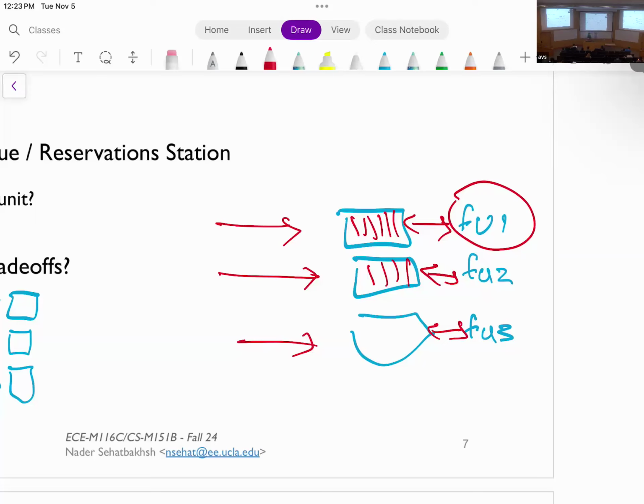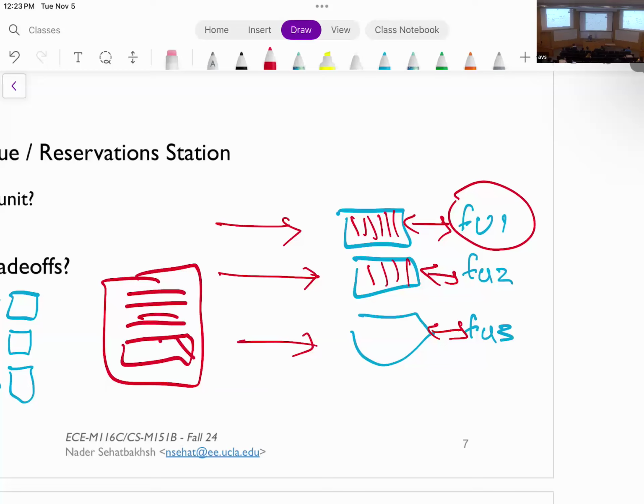But why would this be a bad idea? Because you're not using all the space most efficiently. Because of the isolation between these functional units, some functional units may not be utilized as much as the others. If I have a unified reservation station, I can find the first empty row and put my instruction there.